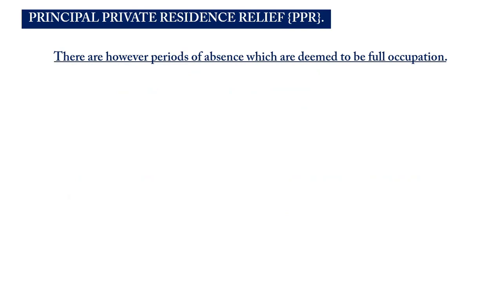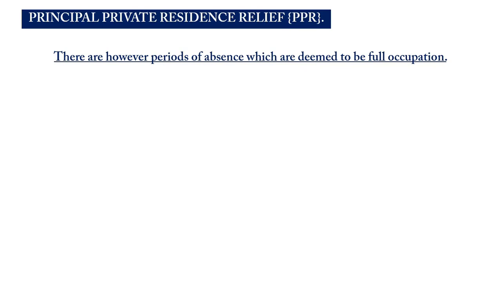Okay. Now, there are certain situations where the house is not occupied, but it can be deemed to be occupied, meaning it will count towards the periods where the house was deemed to have been occupied by the owner and will increase the relief, because any period that the house is not occupied will not be granted the relief.